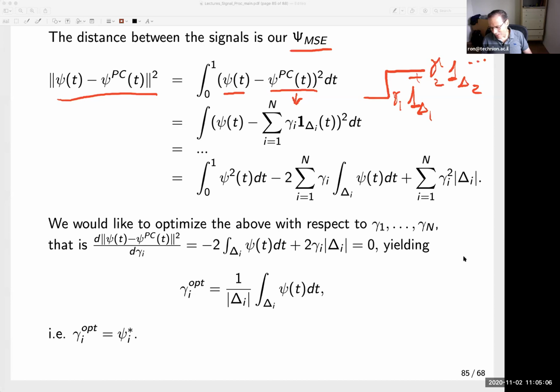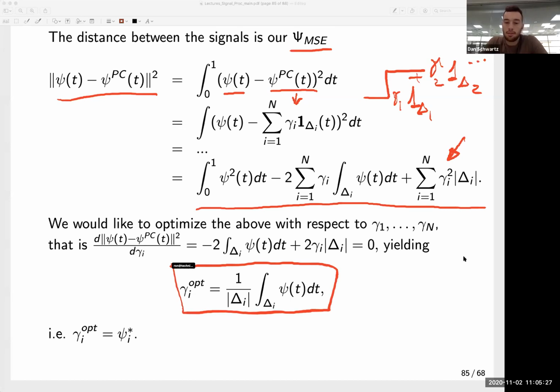At the end of the day, we can show that this is how the error would look like. And from the error, we can trivially optimize for the gammas. It should not come as a great surprise that the optimal gamma for each and every interval would be nothing but the average.